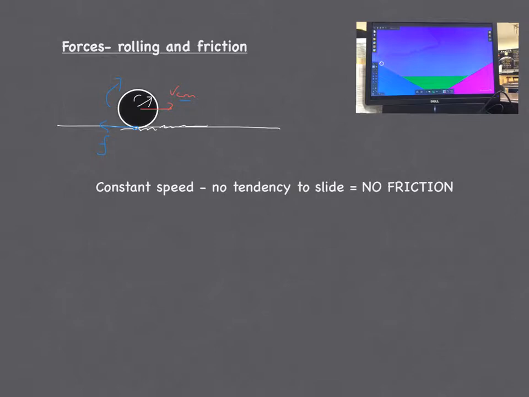Therefore, there is no friction. The object will simply move at its constant translational rate, and the equation v = ωr is now acting so that the rotational speed is in sync with the translational speed.